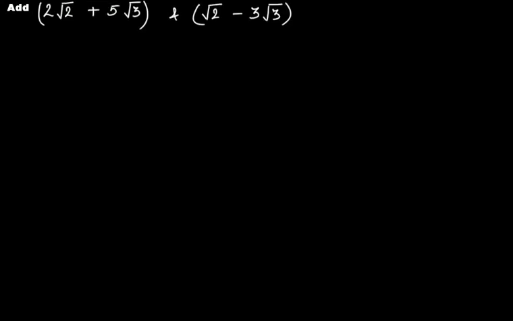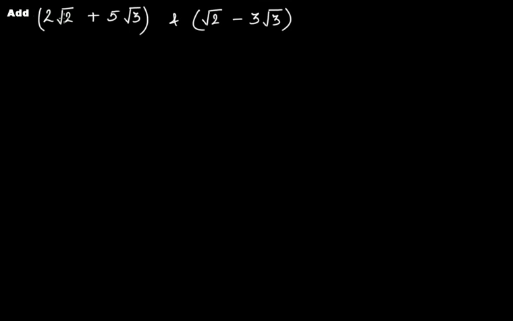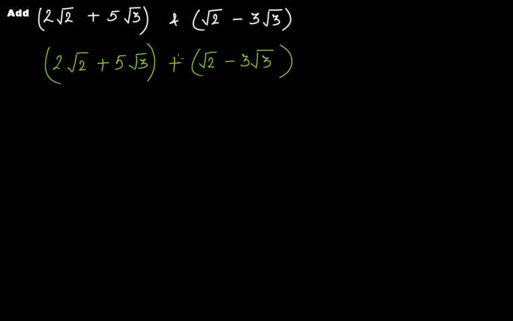Now here, add 2 square root of 2 plus 5 square root of 3, and you have to add these two together. So basically this is 2 square root of 2 plus 5 square root of 3 plus square root of 2 minus 3 square root of 3.